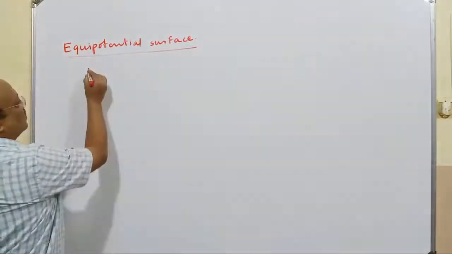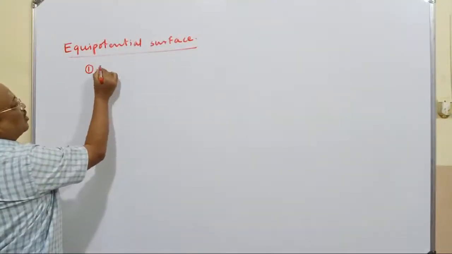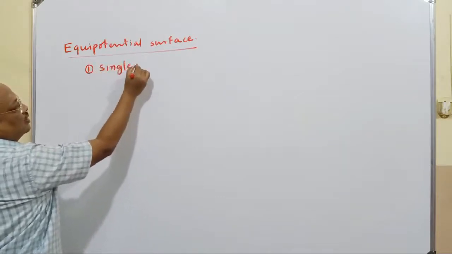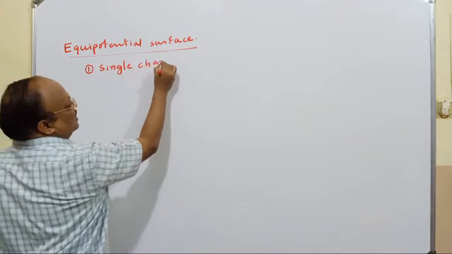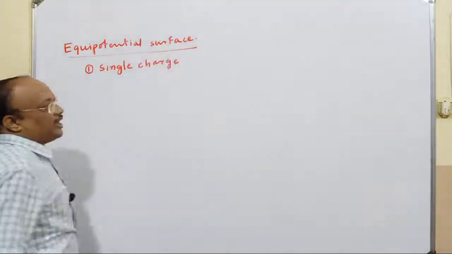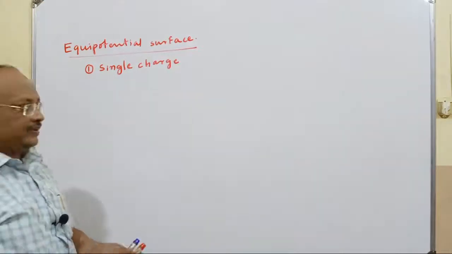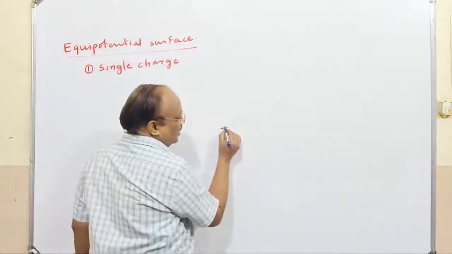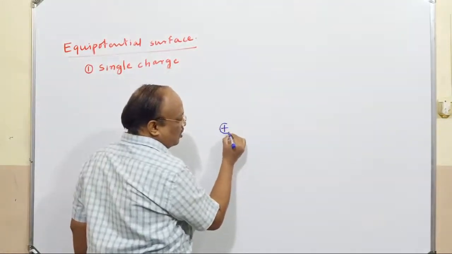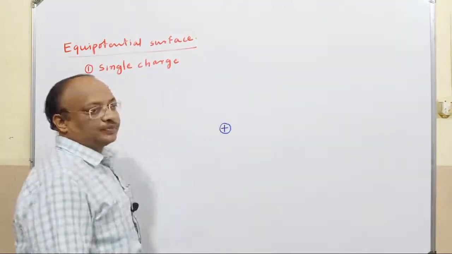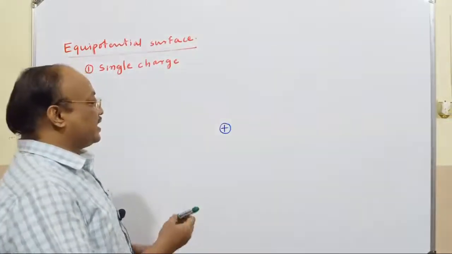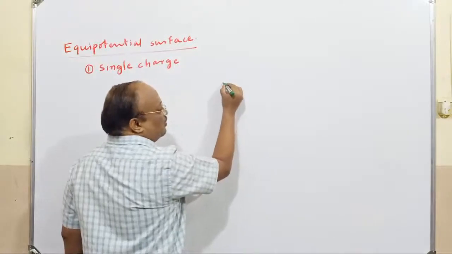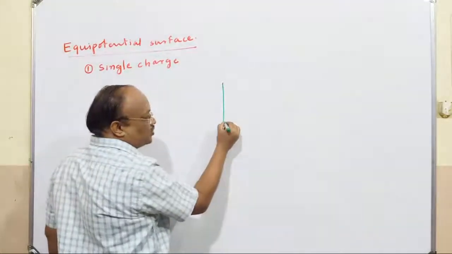So in this, first we will see for a single charge. For a single charge, how the equipotential surface will be. If this is a positive charge, electric lines of force will be in this direction, since it is a positive charge.